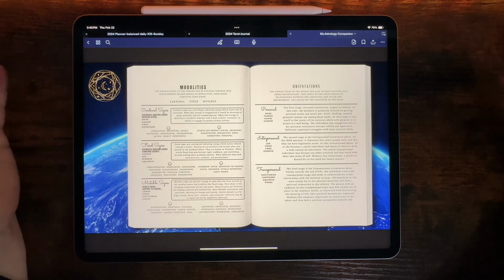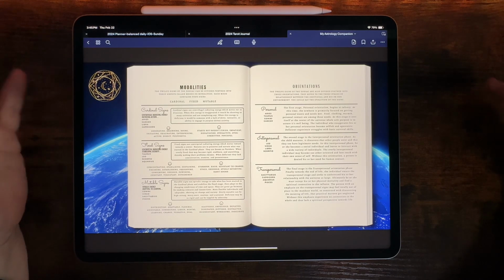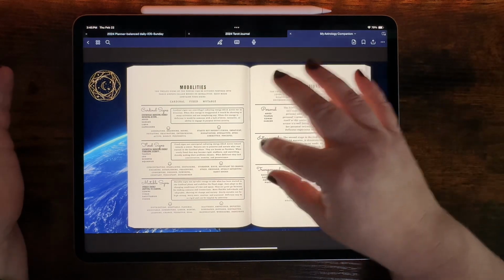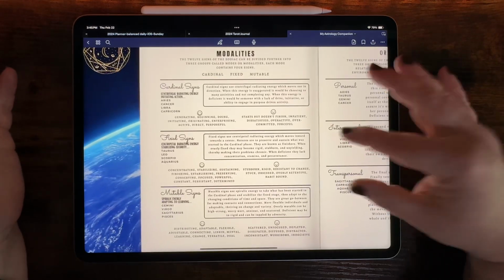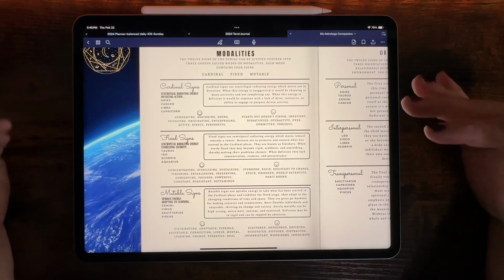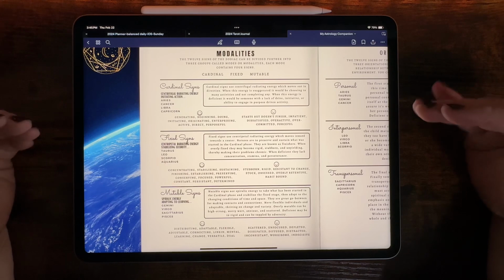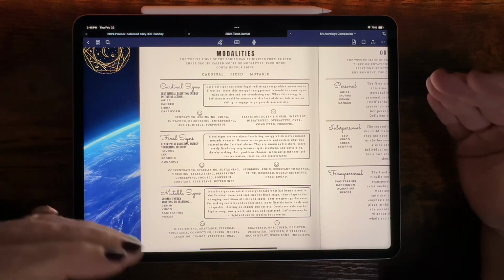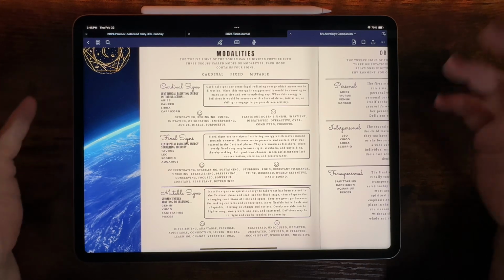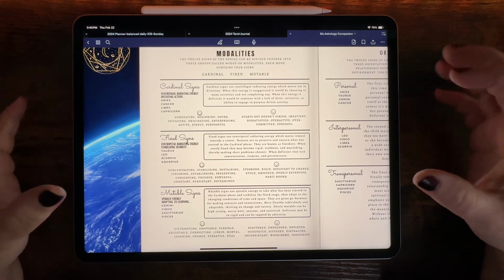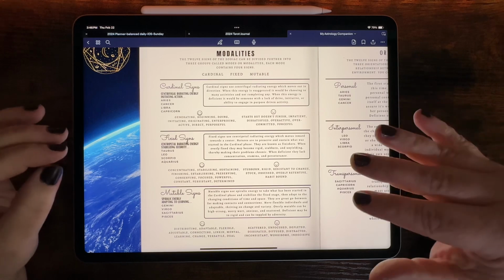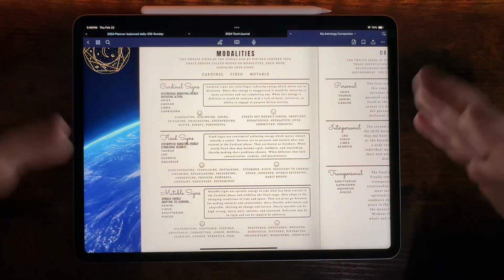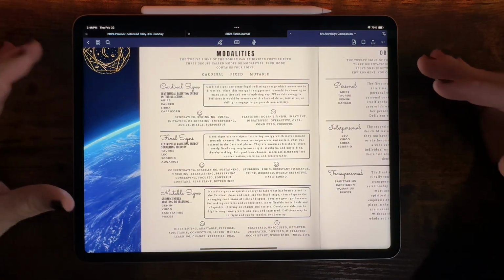One of the things with astrology that I learned pretty early on is about the modalities. When you were doing the Deacon Walk, you became really familiar with the cardinal signs, the fixed signs, and the mutable signs. Essentially the cardinal signs are the beginning signs, the first sign of a new season.